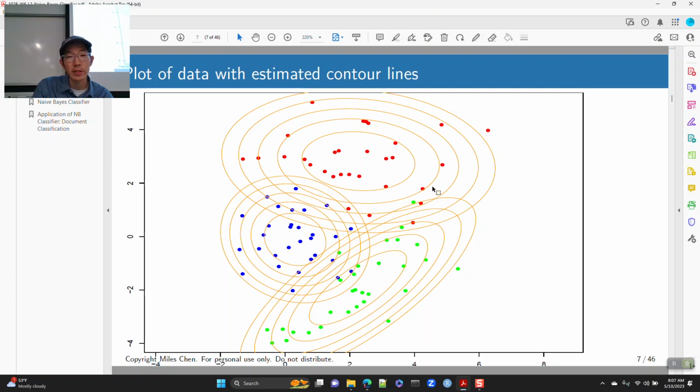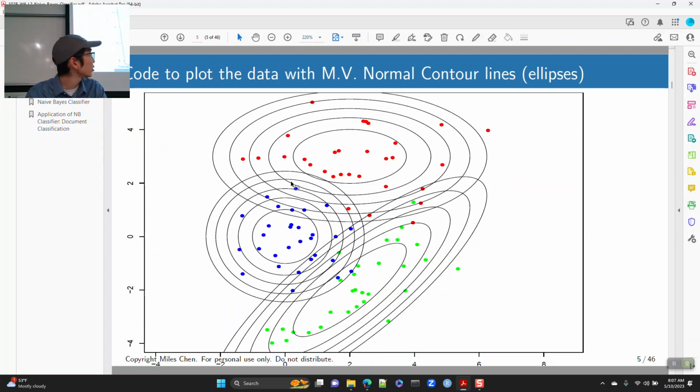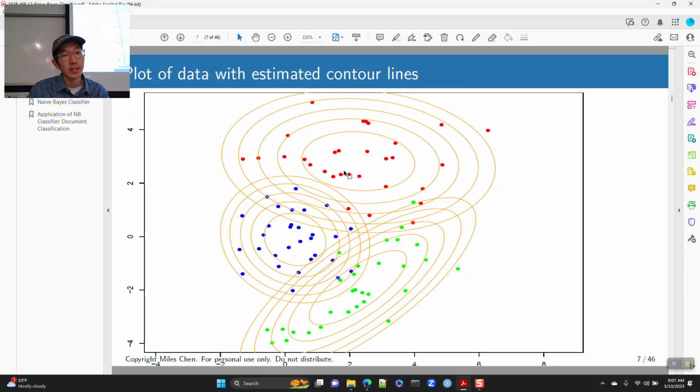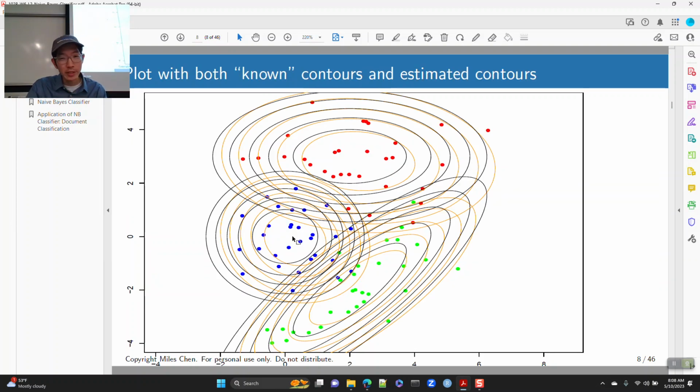These orange lines are estimates based on the data we have, and the true distributions are the ones used to generate our data. If you look at the blue dots, the estimated ellipses circling them fit the actual values a bit more closely than the true distribution used to generate them. So that's a comparison of these things.